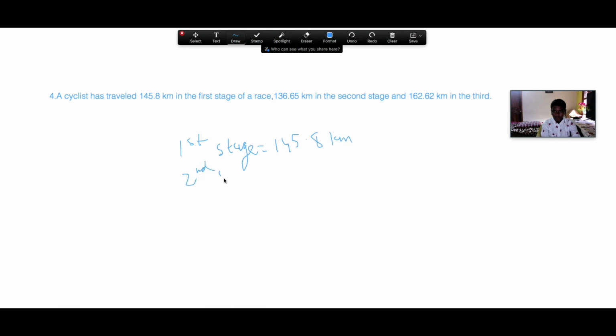Second stage, it is 136.65 kilometers. Third stage, 162.62 kilometers. So here you should find the total, friends.